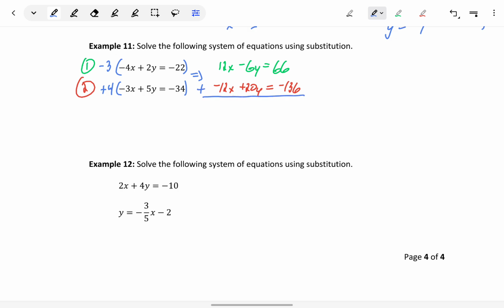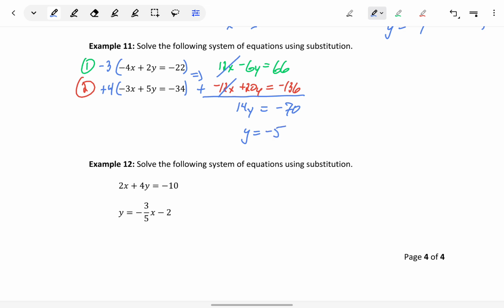Again, it can take some thought to determine what our best choice is, but in this case, multiplying the first equation by -3 gives us +12x. The second equation by +4 gives us -12x, so that those will cancel, and we'll be left with 14y is equal to -70.